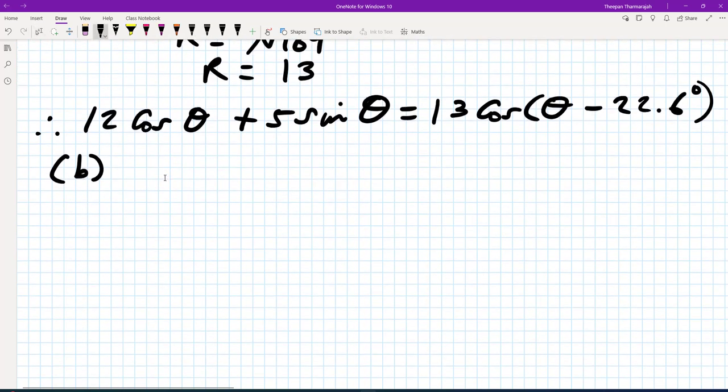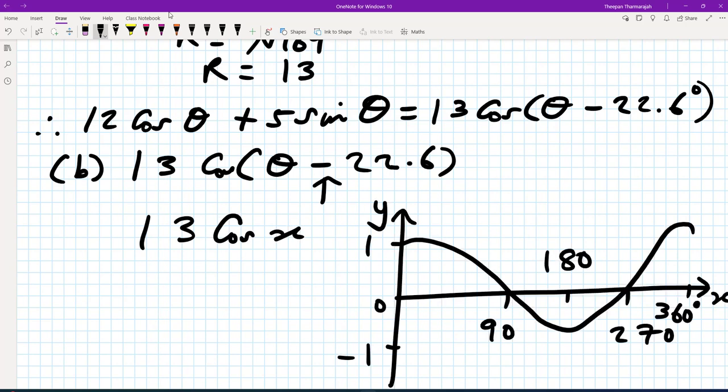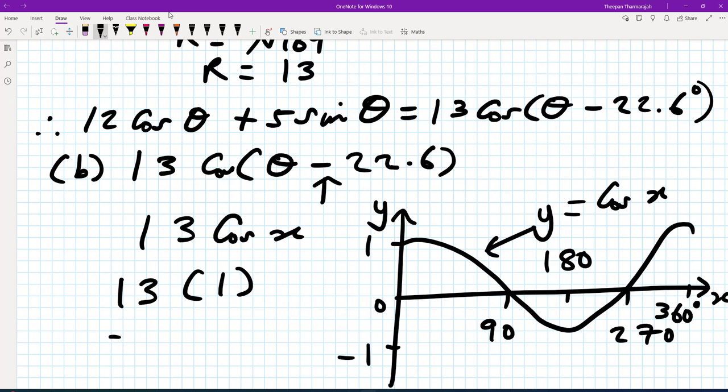So if we write down 13 cos(theta minus 22.6), I want you to think of this thing as x. So think of it as 13 cos x. We can see the maximum value of y equals cos x is going to be 1. So we replace theta minus 22.6 with 1. So 13 times 1 would give me 13.